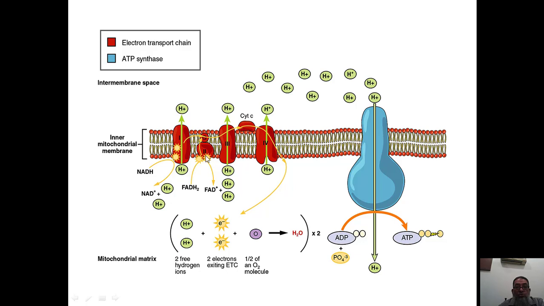These are the cytochrome coenzymes. They will transport this toward the cytochrome C reductase, from where again the electron is produced, and this electron, H, and water plus oxygen will produce water. So 2 free hydrogen ions and 2 electrons exit the electron transport chain, and half of an oxygen molecule will join to form the water molecule.